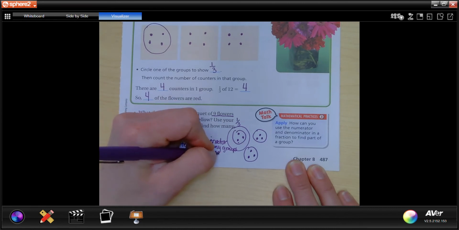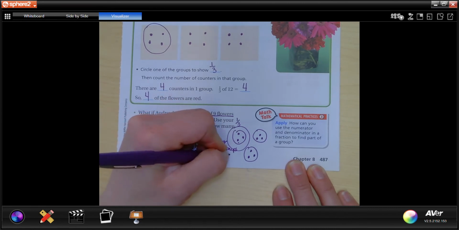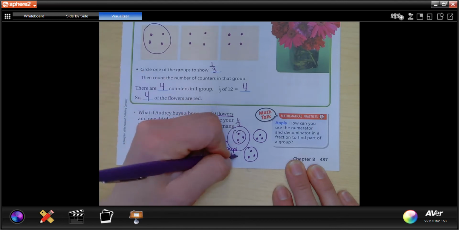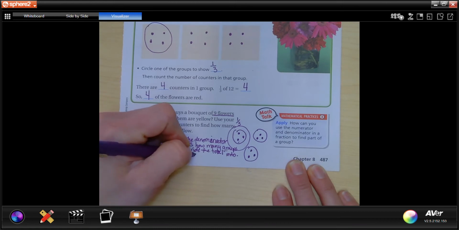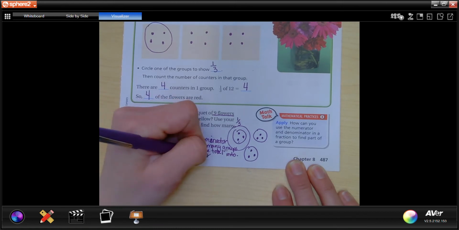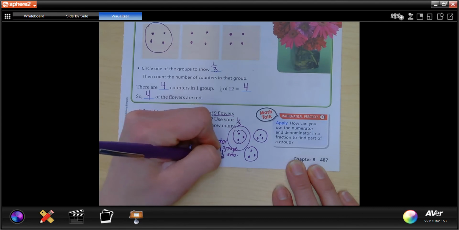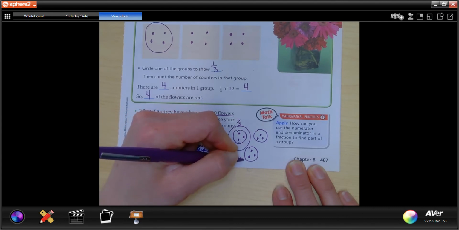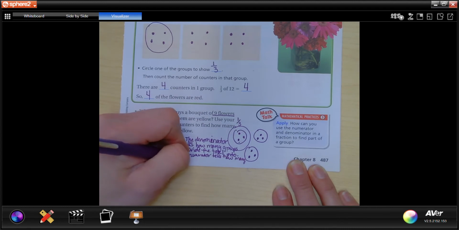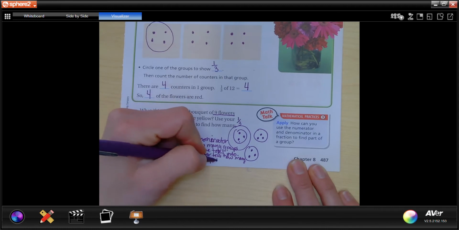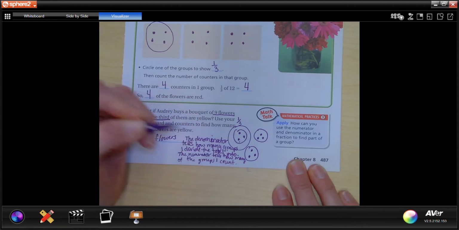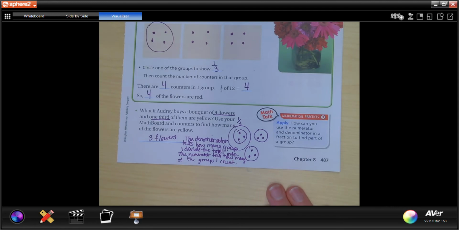Now, if you don't have that all written down yet, you can pause it to finish, and then we're going to move on to page 487.